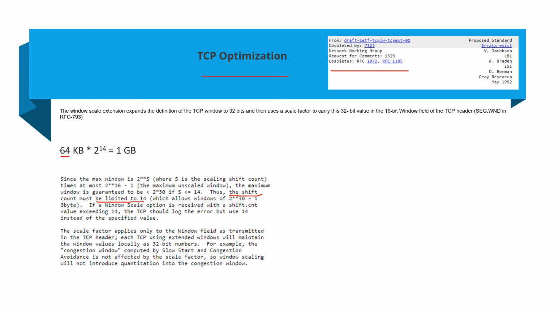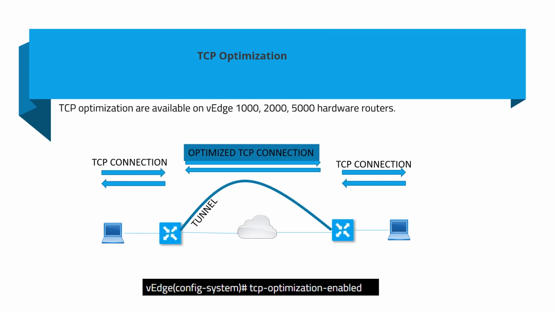By default, I have a window size of 64 KB, and if we calculate with the shift value, it is 2 to the power 14. That gives me a max buffer size of 1 gig. You can also enable TCP optimization on the VH device.